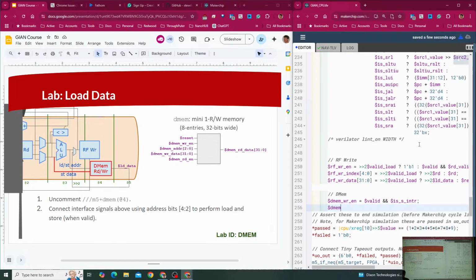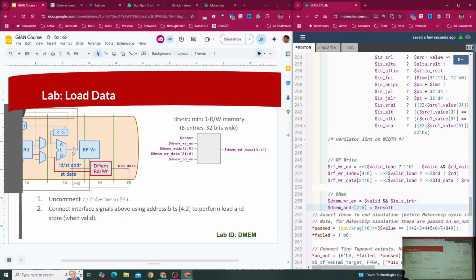What's next? DMEM address. Again, this is an 8-entry memory, so 3 address bits. It's a word memory, whereas the address that's coming out of our ALU is a byte address. We used our ALU to compute the address in the earlier lab.